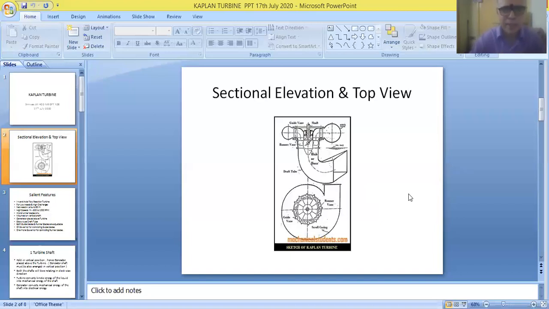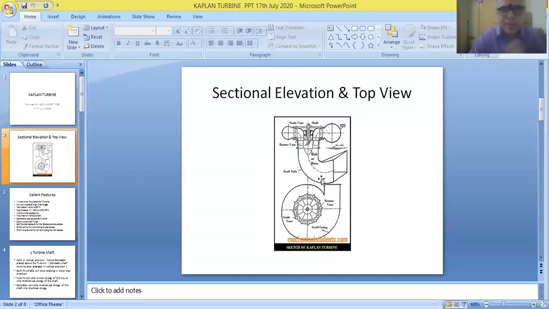So these are the functions of various components. This is about the working of the machine: the spiral casing, guide wheel mechanism, runner mechanism are all used for raising the kinetic energy of the liquid. And after completion of the operation, this draft tube is used for raising the pressure energy of liquid before it is discharged into the tail race reservoir.